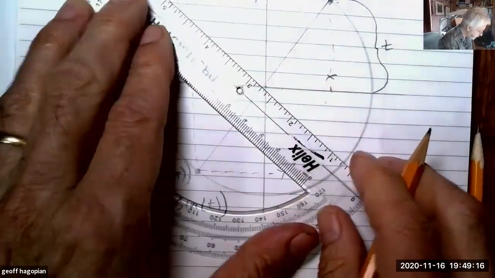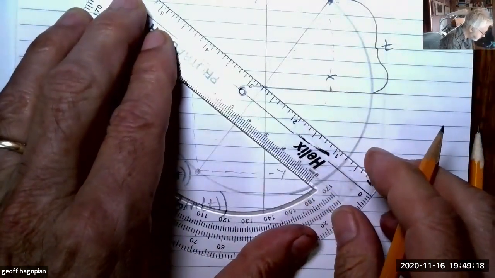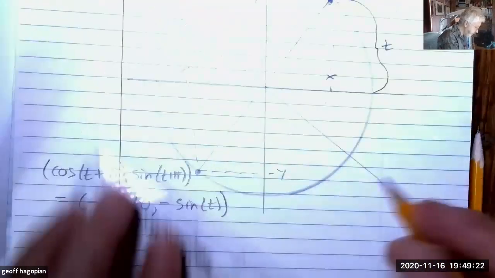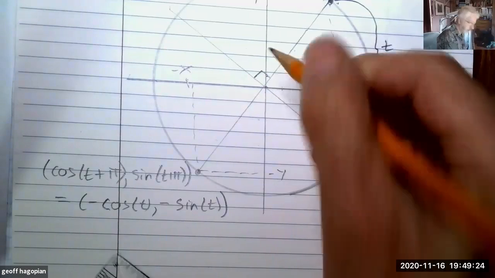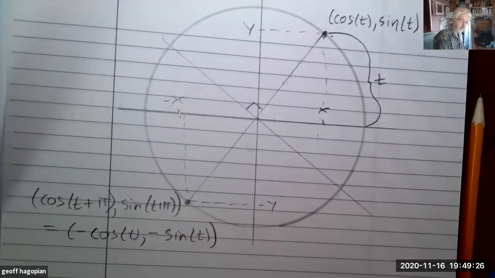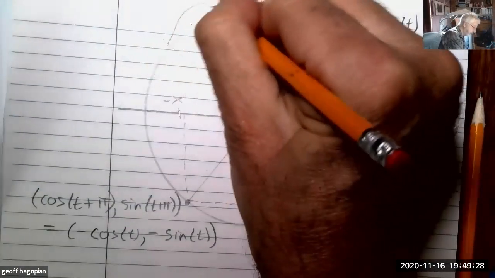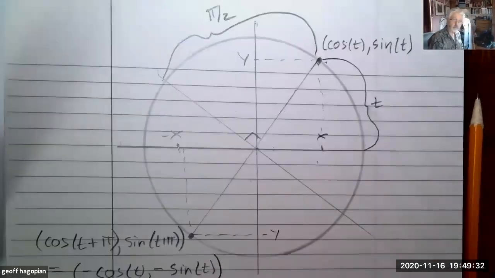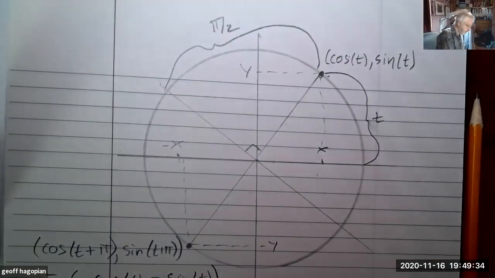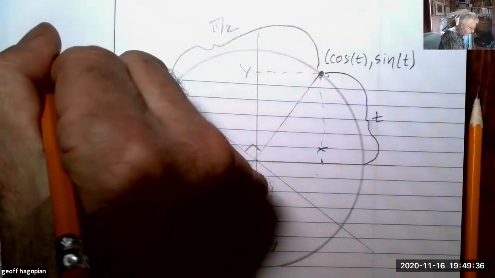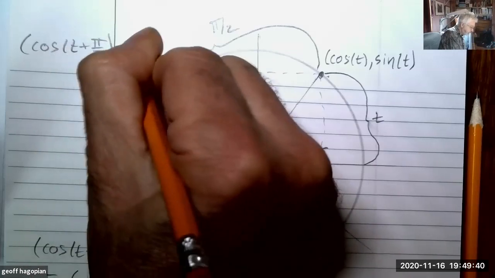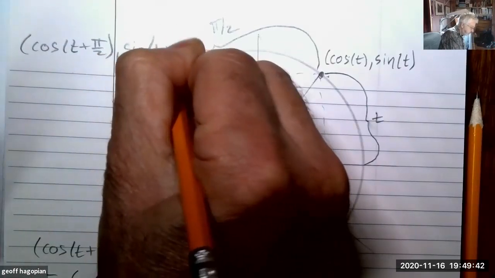What if you were to go a quarter turn? So this should be a right angle here. So here's a right angle. So now this length here is pi over 2, right? A quarter turn. And so this is the point with coordinates cosine of t plus pi over 2, sine of t plus pi over 2.